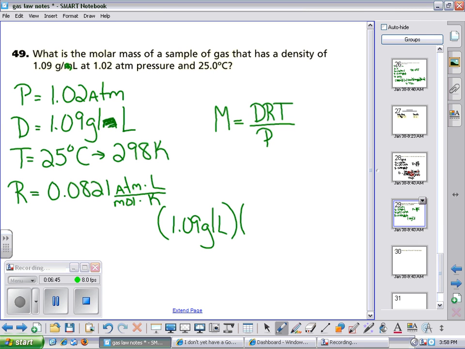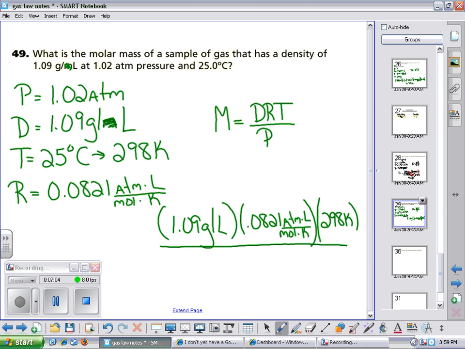The R value, 0.0821 atmospheres times liter divided by mole times Kelvin, times the temperature, 298, and we divide all that by the pressure, which is 1.02 atmospheres.